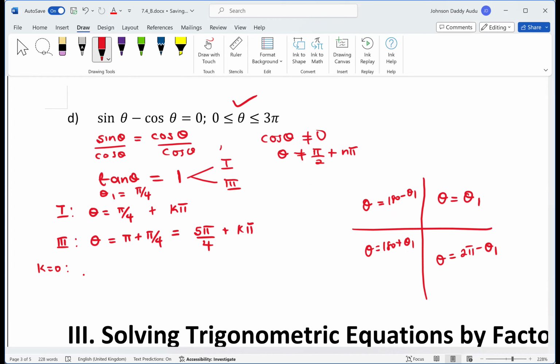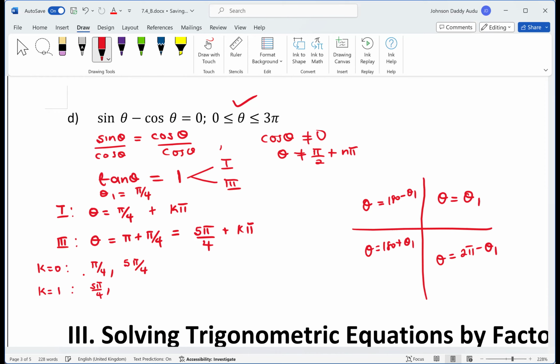So if k is equal to 0, we will get pi over 4 from the first quadrant, and from the third quadrant, we will get 5 pi over 4. And if you take k to be 1, what do we have? We will have pi over 4 plus pi, which is still going to be 5 pi over 4. So there's not much difference.